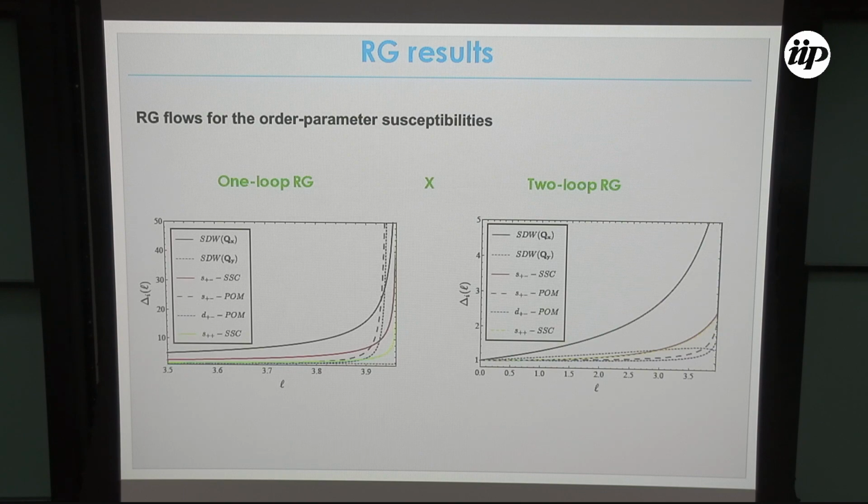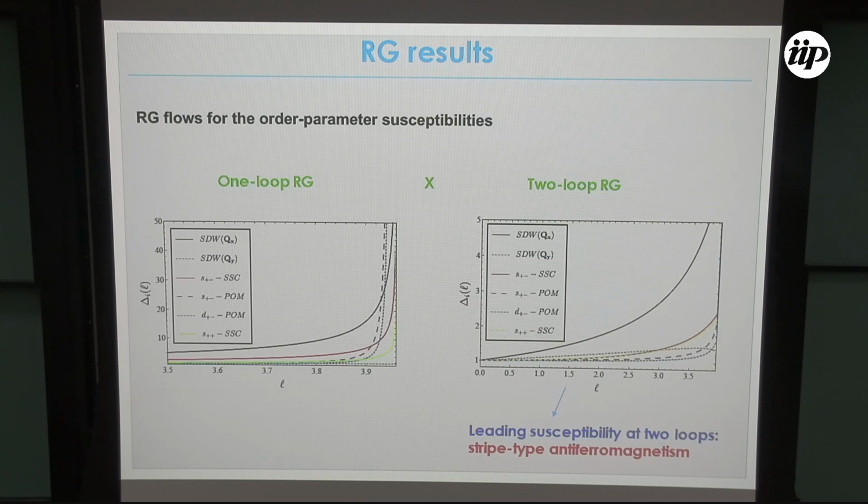So the main message that I want to convey here is that as a result of this self-energy feedback, the Pomeranchuk instability gets suppressed with respect to the other susceptibilities. So the origin of the nematic susceptibility in this case would be this stripe type antiferromagnetism and not Pomeranchuk instability.